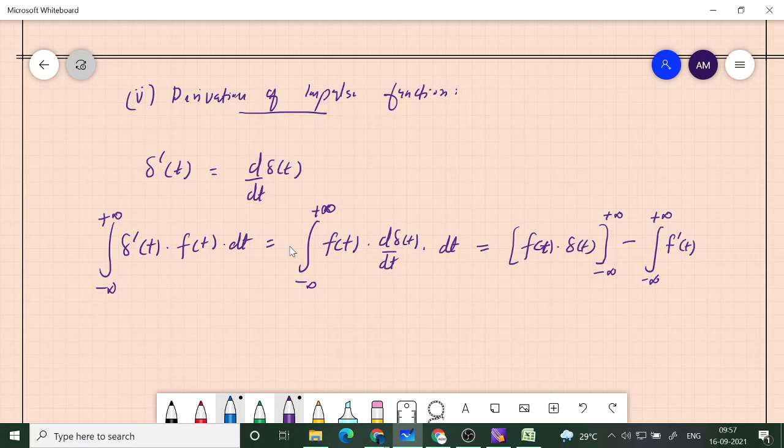It is understood that dash corresponds to taking df by dt, into the integral of the second function, which is delta of t dt.